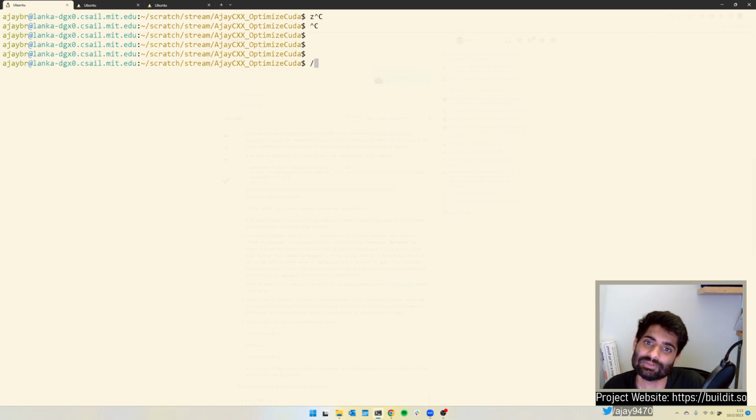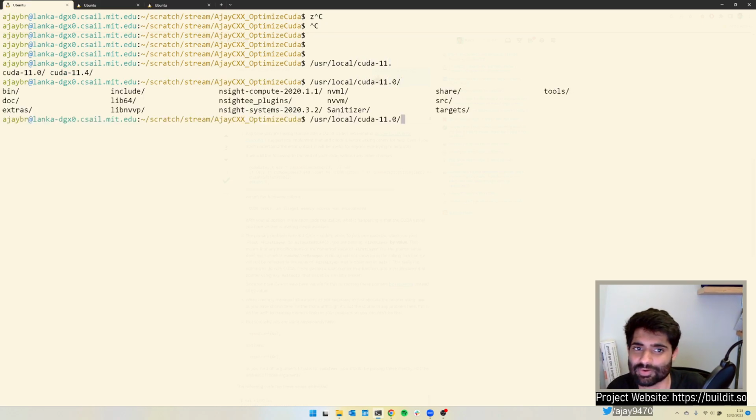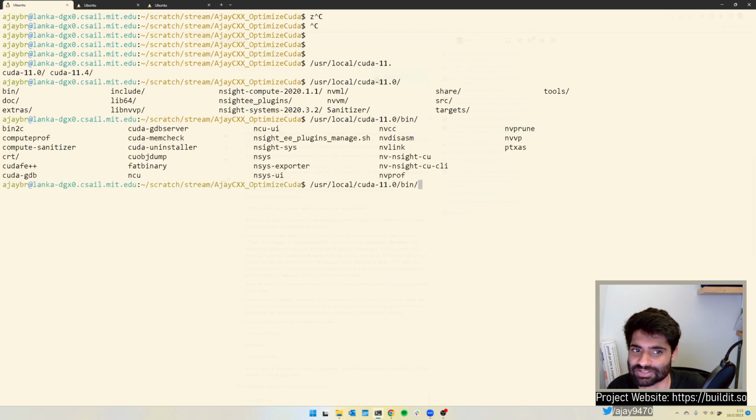Okay, in usr local cuda, it has this thing called cuobjdump, which is the same as objdump. Let's see what this has. SPMV.